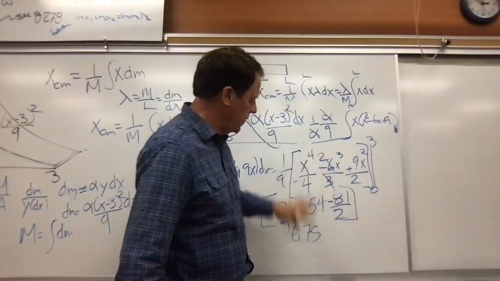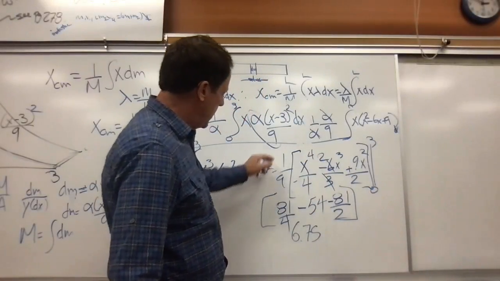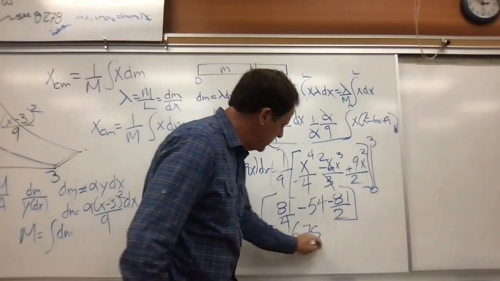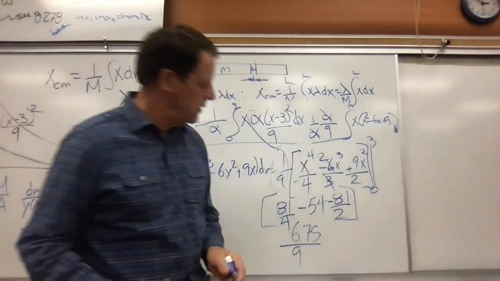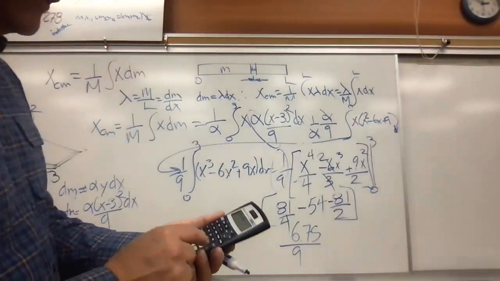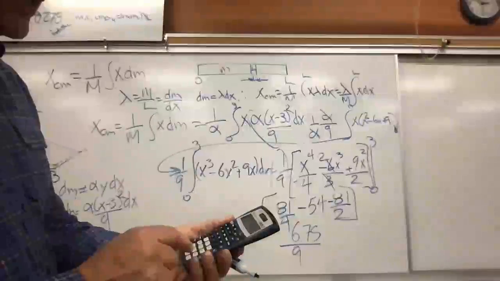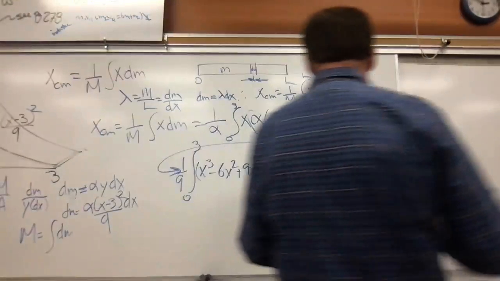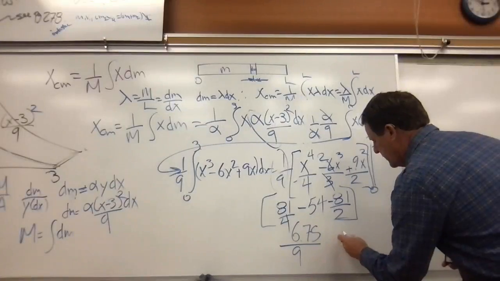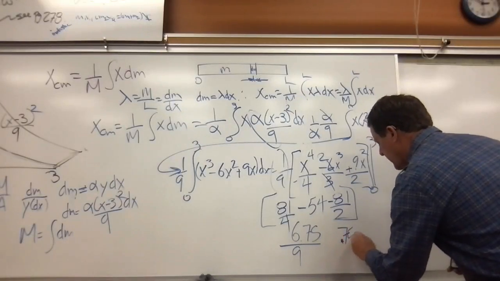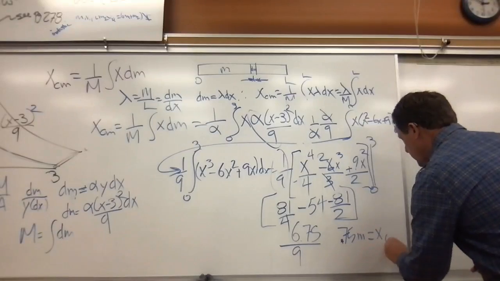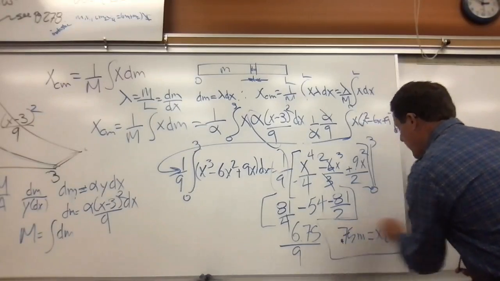Again, we plug in 0, that's going to go away. And then now we're going to just have to multiply this by 1/9. So 6.75 divided by 9, and that is going to give us 0.75 meters.